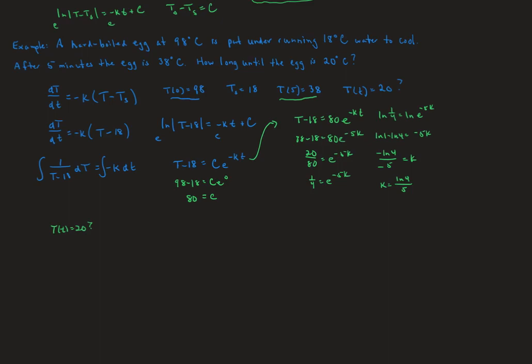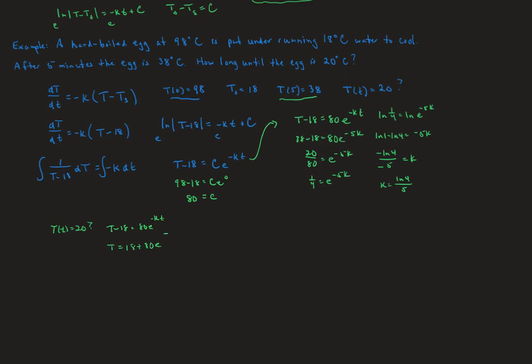Let's write down our equation, where we are right now. We had T minus 18 was equal to 80 e to the negative kt. And so we could even say T is 18 plus 80 e to the, and the k we said was natural log 4 over 5.